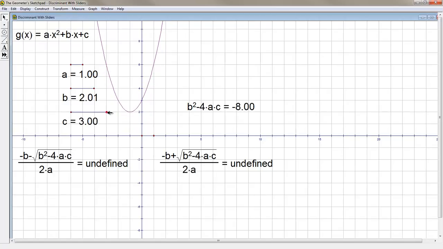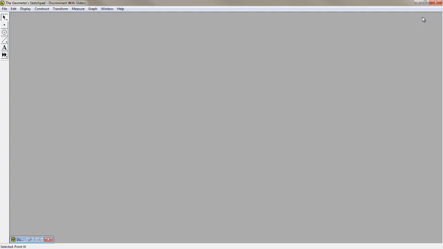If I made c about 3, right on 3, then my discriminant value is negative now because the vertex is up here and it's opening up, so it doesn't cross the x-axis at all. And notice in those cases the roots are undefined. There are no roots because the discriminant is a negative value. So that's just a little bit about the different values, just showing you that.